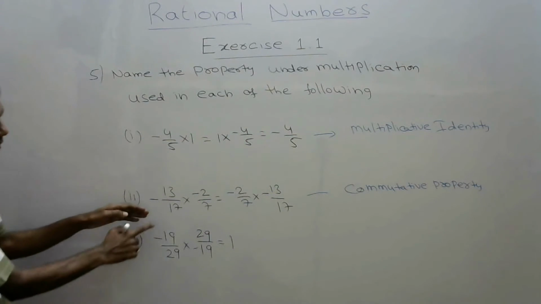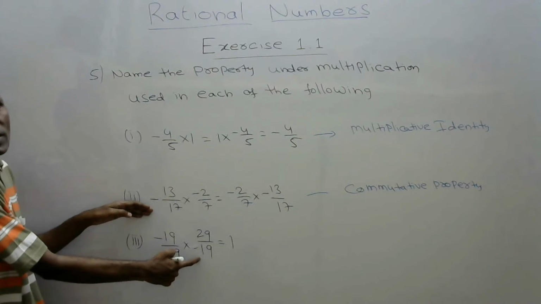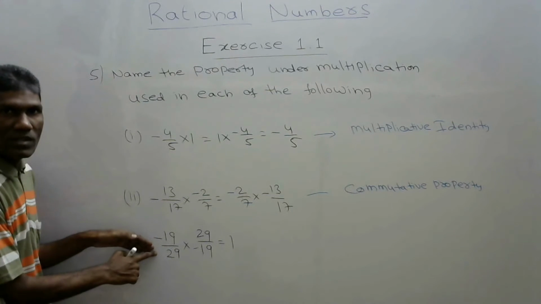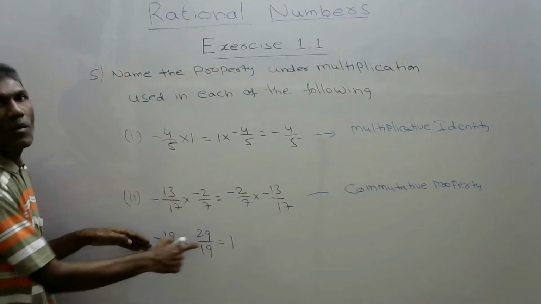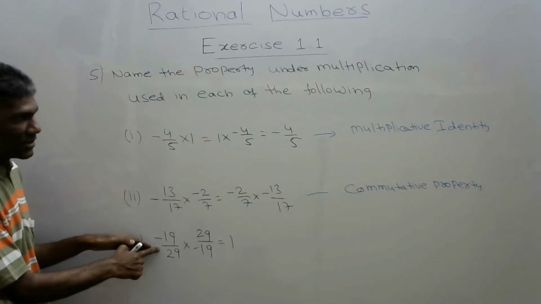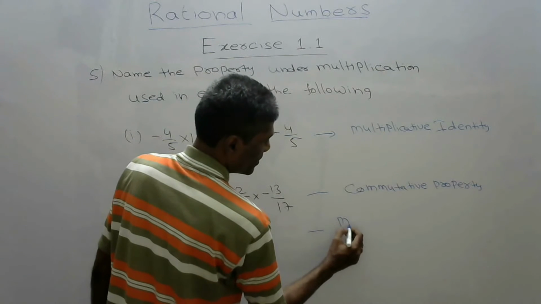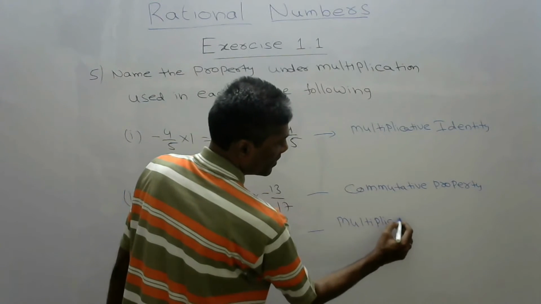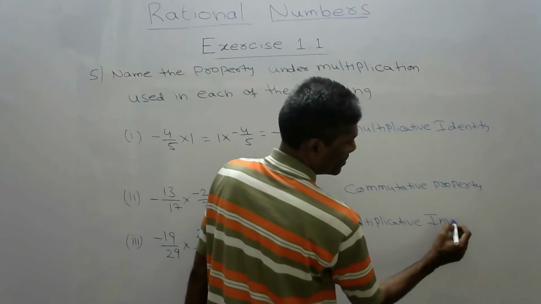Last one: minus 19 by 29 into 29 by minus 19. If we multiply two numbers and the product is 1, that is called multiplicative inverse. This is called multiplicative inverse.